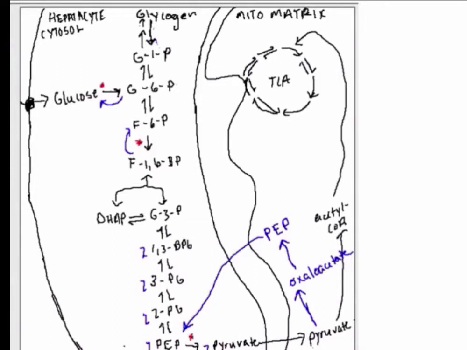And as we've kept track of our bank account there, we've noted that there was an ATP invested at this step, and then there was a GTP invested at this step.